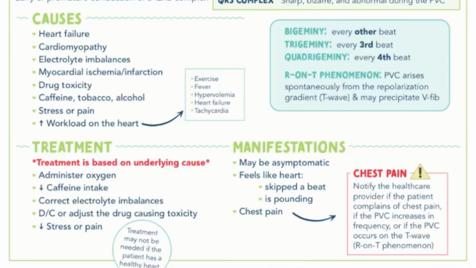If the patient has cardiomyopathy, heart failure, myocardial ischemia, drug toxicity, or increased workload on the heart, just administer oxygen. It is very important. Then decrease the caffeine intake and correct electrolyte imbalance. And if the patient is on digoxin or has any drug toxicity, measure the toxicity level and decrease stress or pain. Okay.